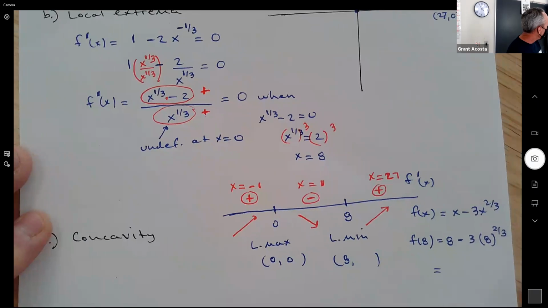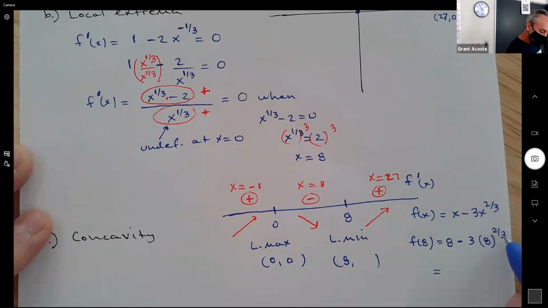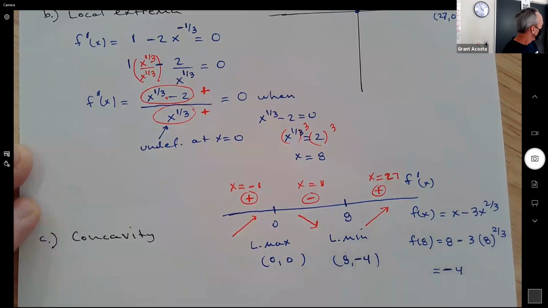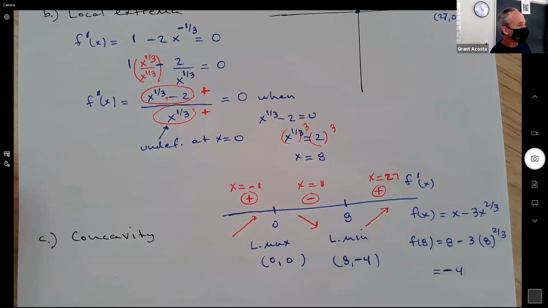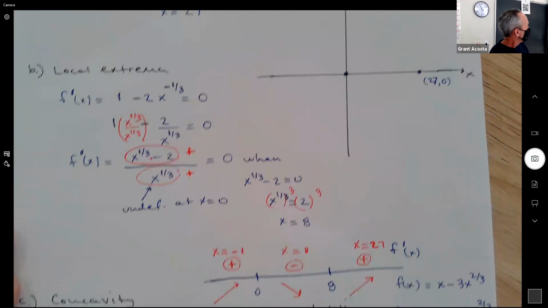On the screen, there we are. 8 to the 2/3. Cube root of 8 is 2. 2 squared is 4. That's going to be minus 12. 8 minus 12 gives me negative 4. Okay, let's add these points.